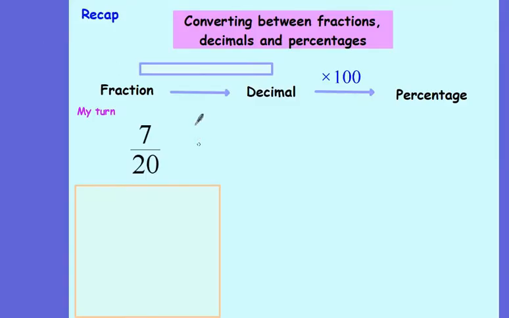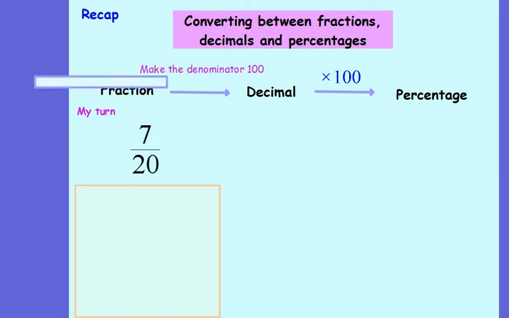Okay, a quick recap of converting fractions to decimals and percentages. Now we said to convert a fraction to a decimal and a percentage, we need to make the denominator 100. For example, I've got 7 over 20. I want to turn that into a decimal and a percentage. The first thing I'm going to do is multiply top and bottom by what, Robert? 5, exactly.